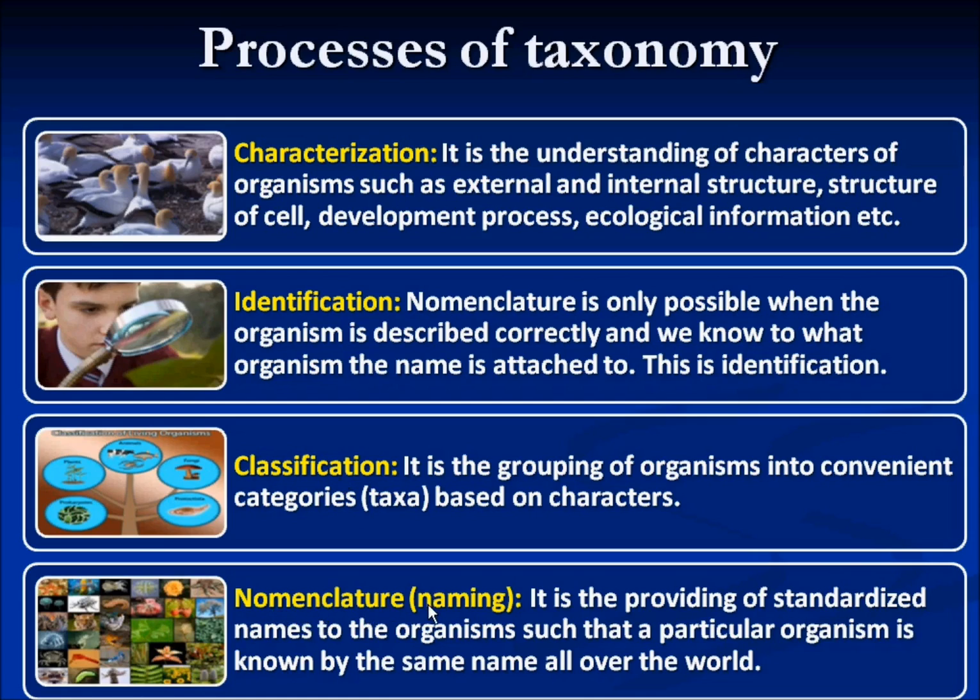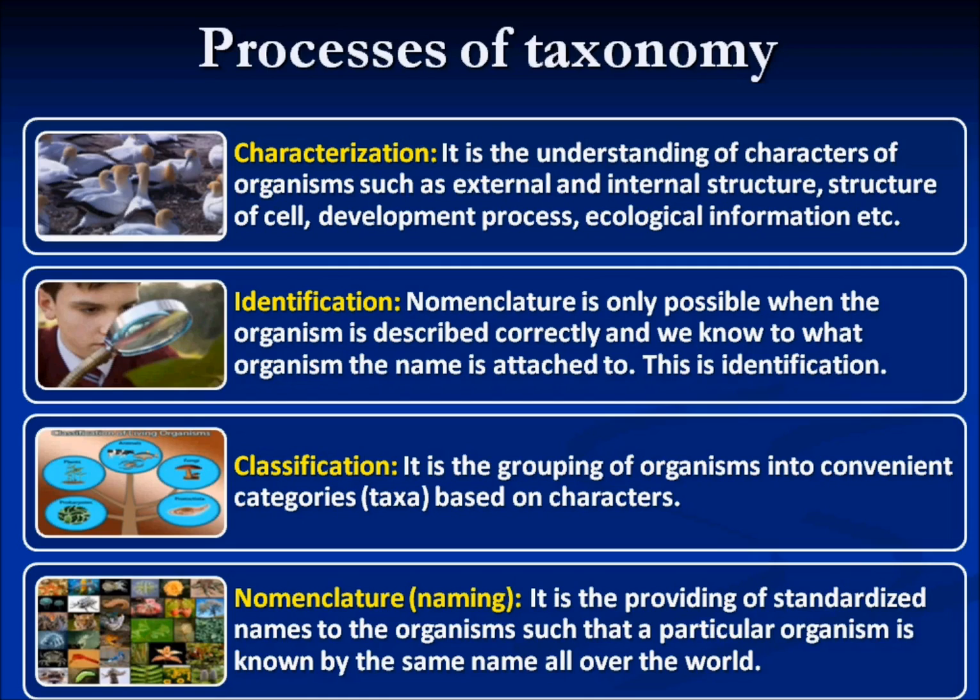So nomenclature in simple language is naming. It means providing a standardized name to organisms, such that a particular organism is known by the same name all over the world. For example, we take an example of a dog. It can be known by different names in Hindi or in some other particular language.